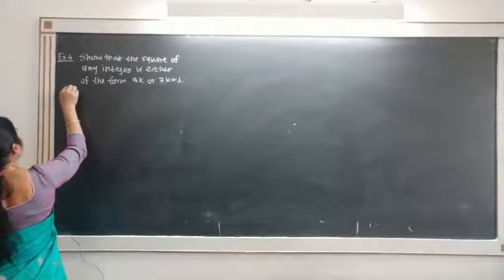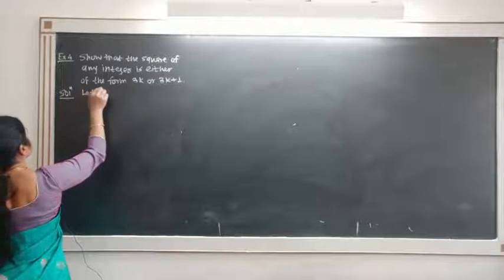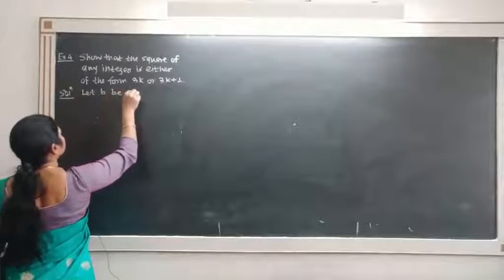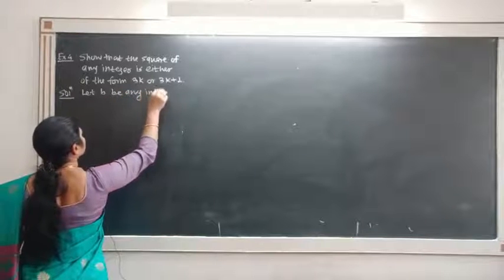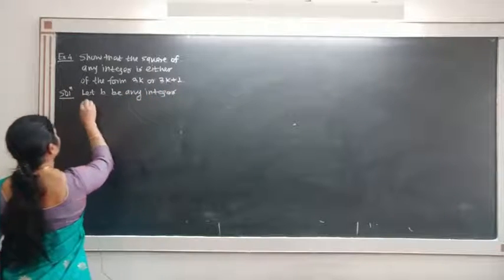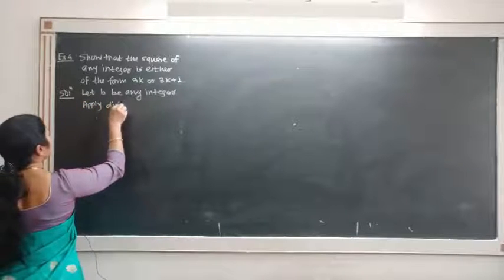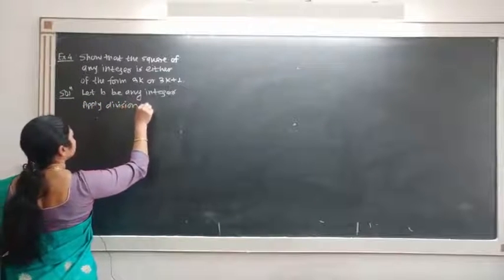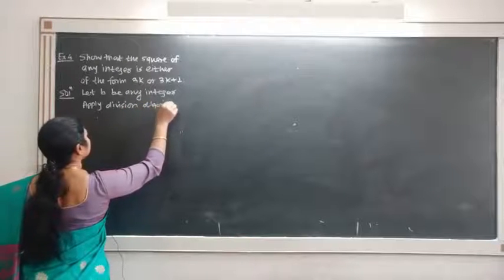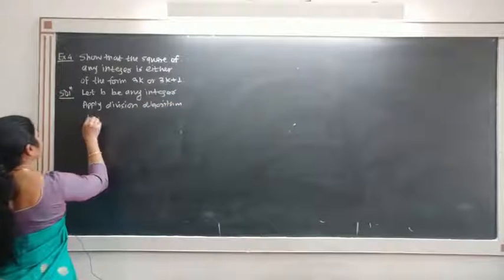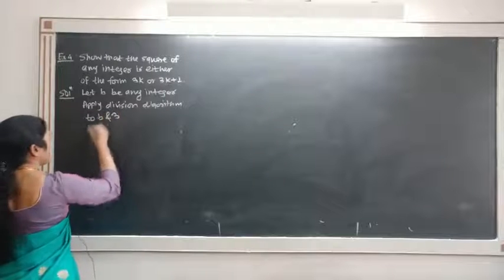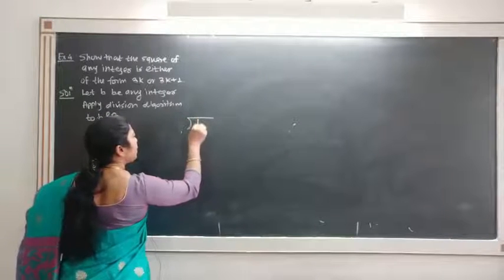So consider b to be any integer, and apply the division algorithm to b and 3. That is, we are dividing b by 3.